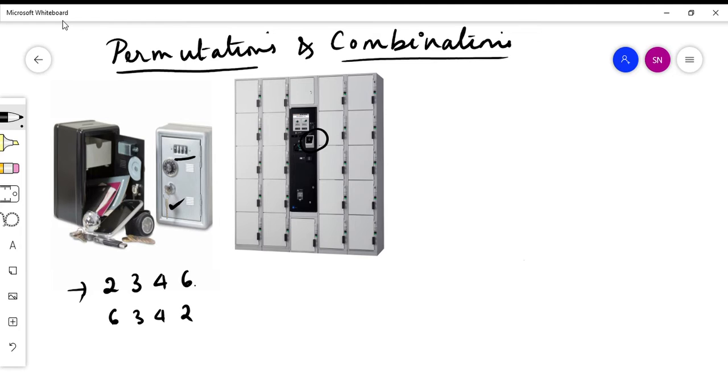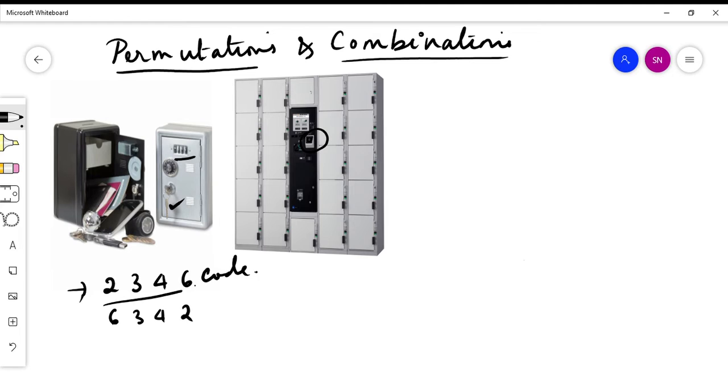No. Why will my locker not open? Because it is not in the arranged format, right? So this is the locker code.